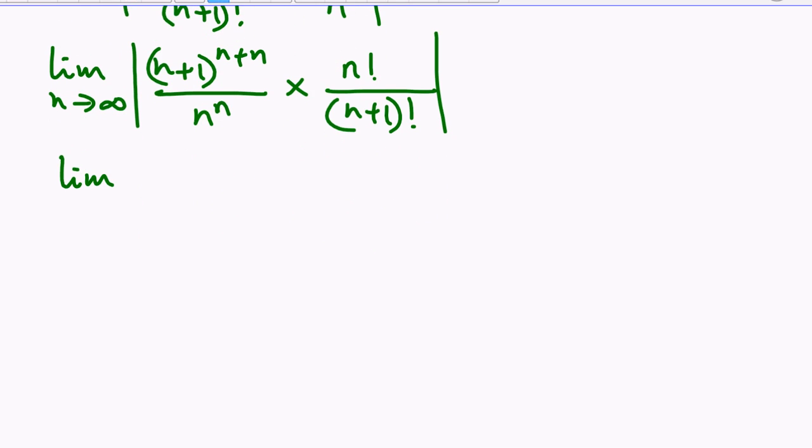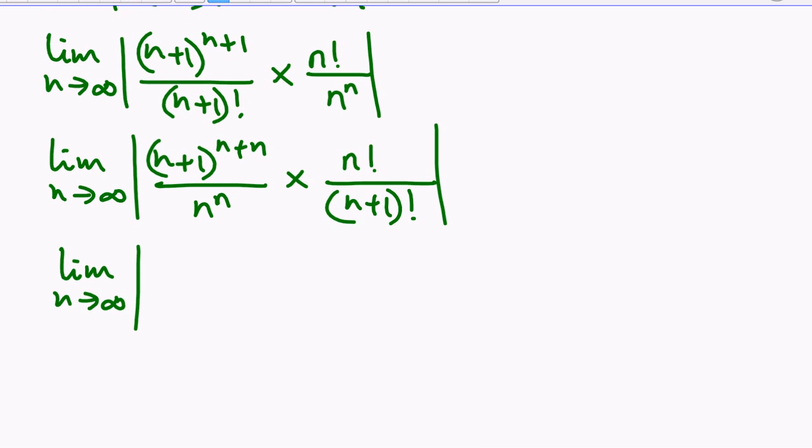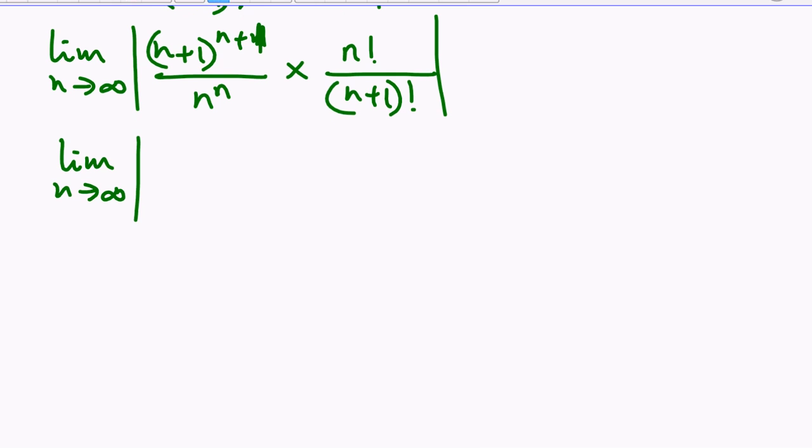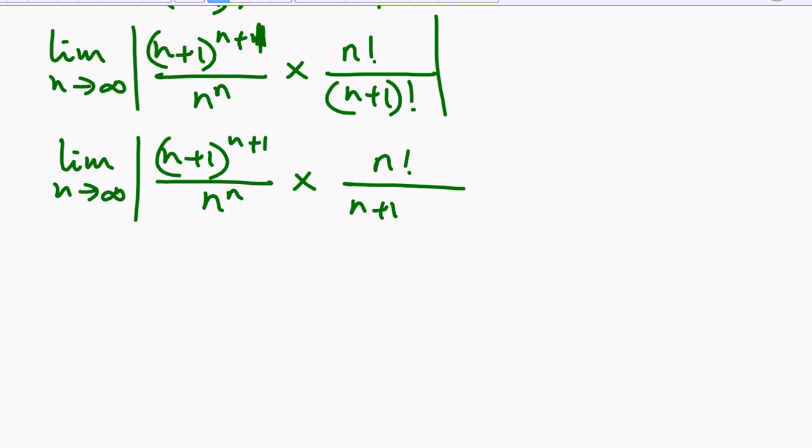Now, this is n plus 1. Anyway, this will give us n plus 1 to power n plus 1 over n to power n multiplied by n factorial over n plus 1 multiplied by n factorial.